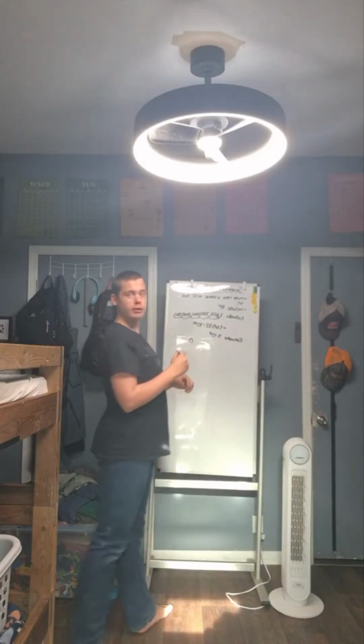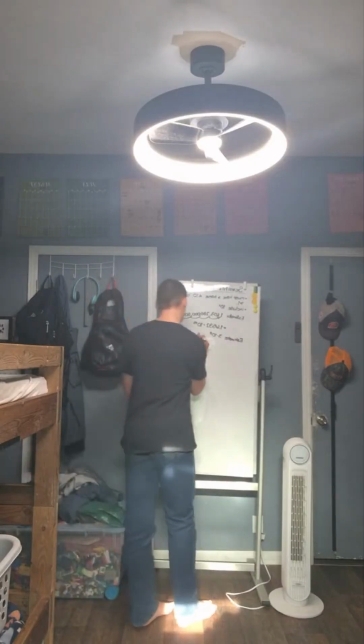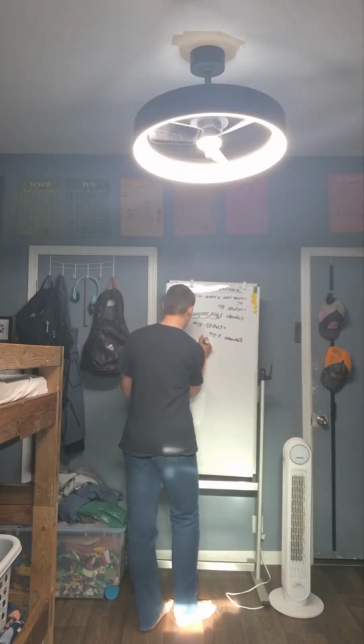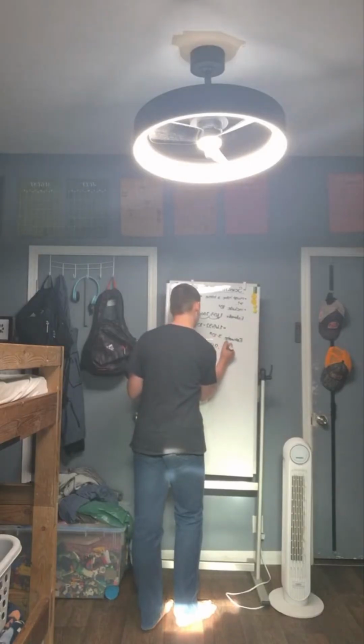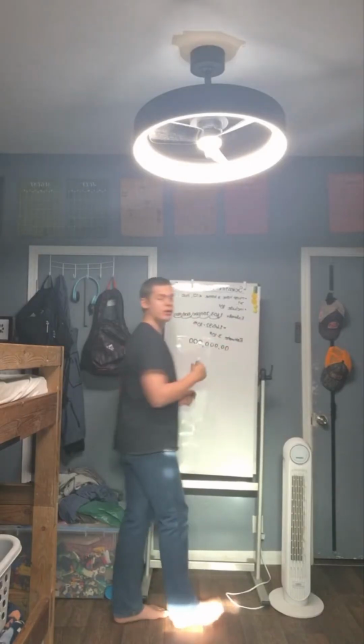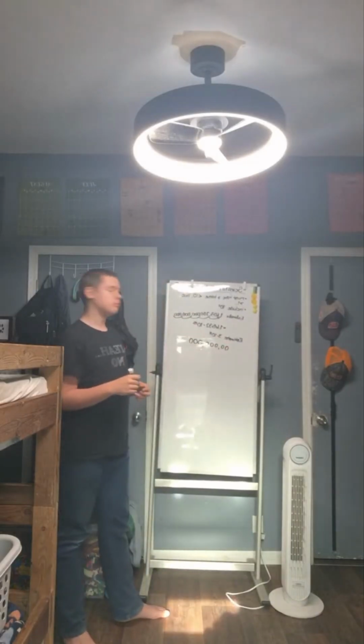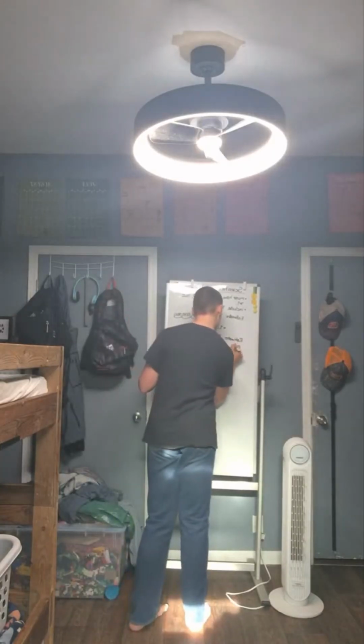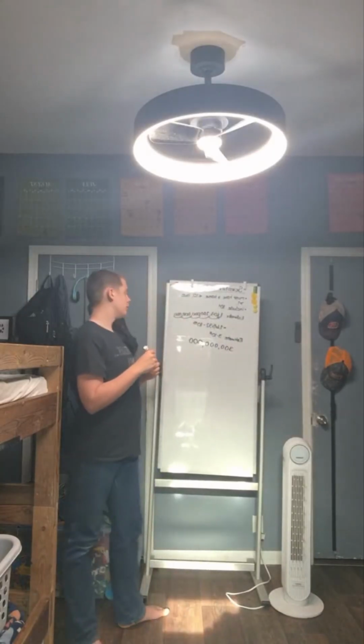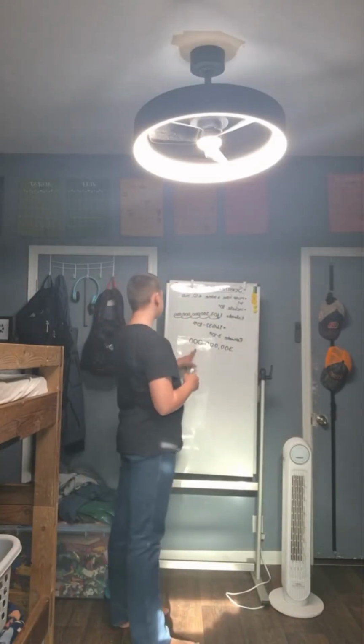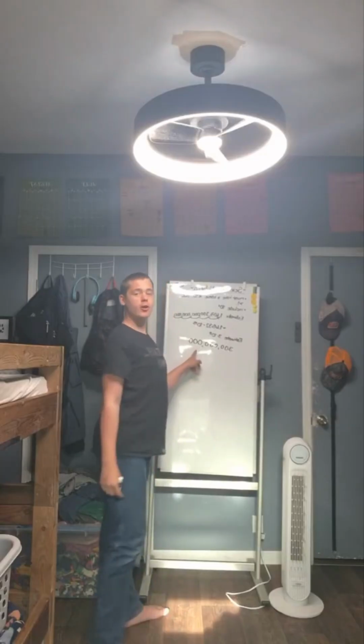Starting at 1, 0, 2, 0, 3, 4, 5, 6, 7, 8, and we stop there. And then we add the 3. That's what you use in standard form and in scientific notation.